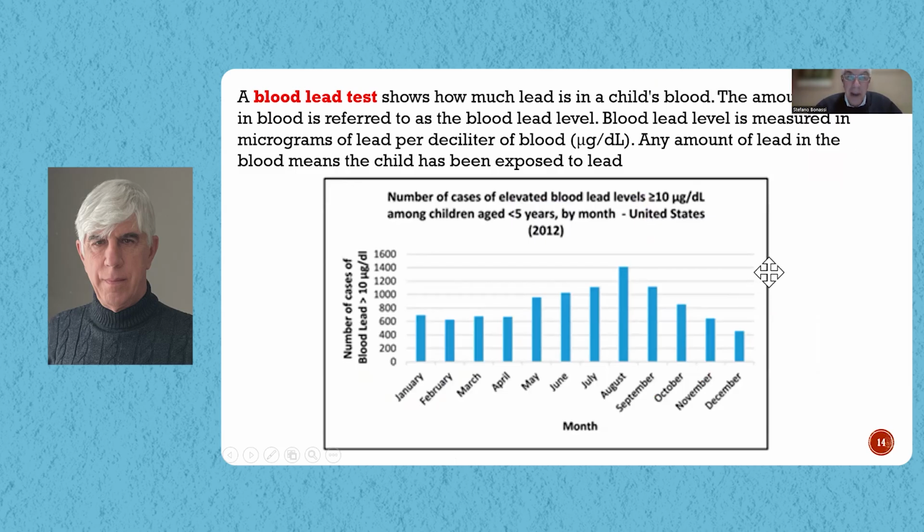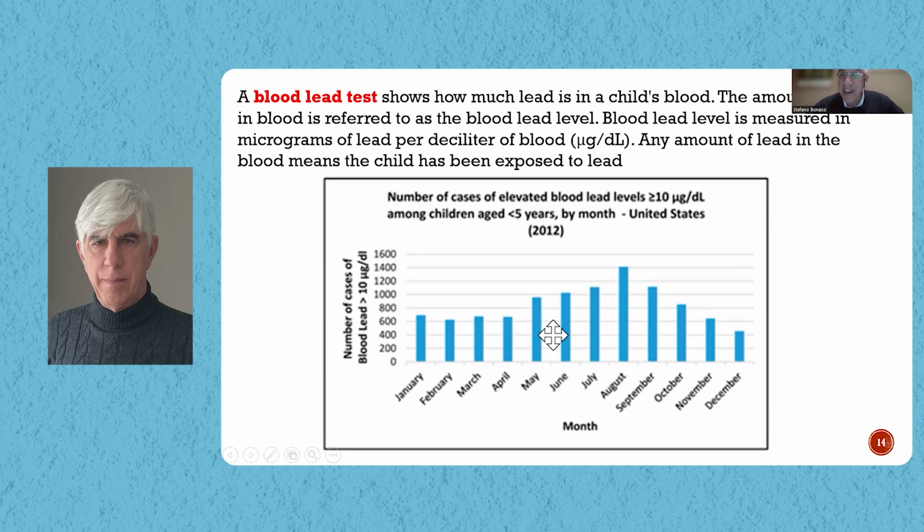Another very common biomarker of exposure is lead in the blood. The blood lead assay is able to measure the micrograms of lead per deciliter of blood. This is a very efficient way to recognize people who were exposed to high levels of lead.